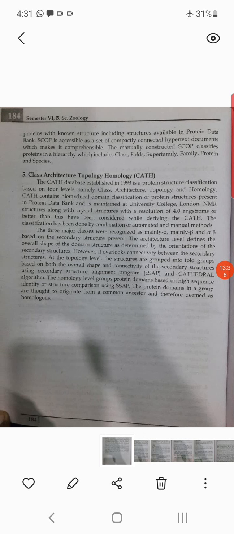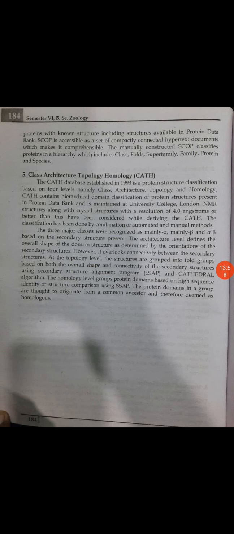And lastly, Class, Architecture, Topology, Homology. So this CATH database, established in 1993, is a protein structure classification based on four levels, namely class, architecture, topology, and homology. CATH contains a hierarchical domain classification of protein structures present in the Protein Data Bank and is maintained at University College London.